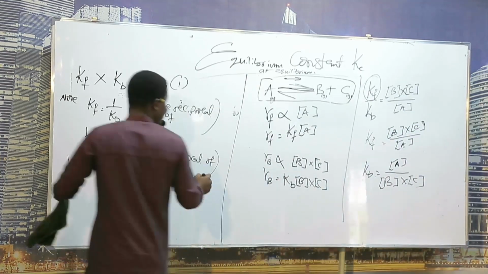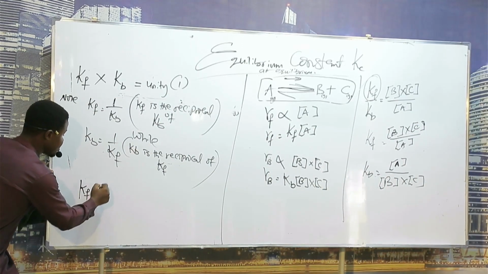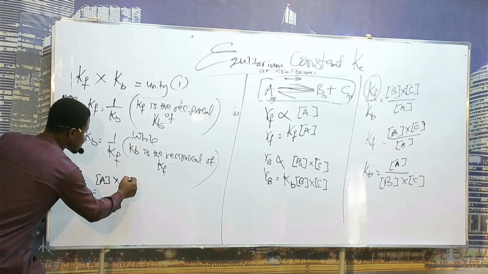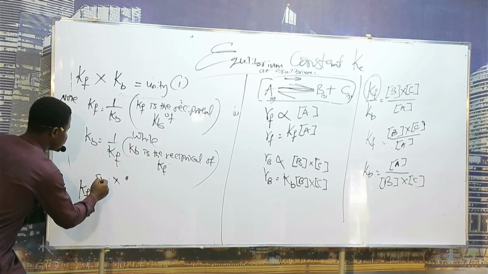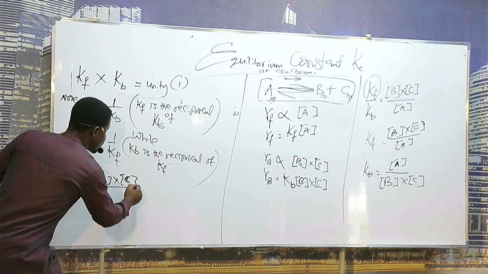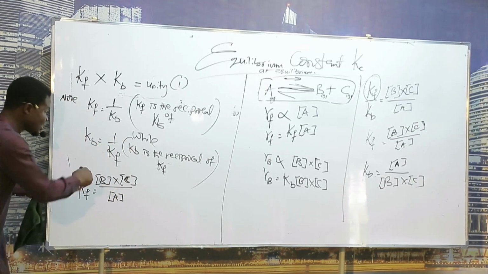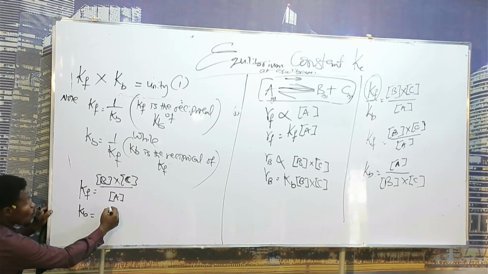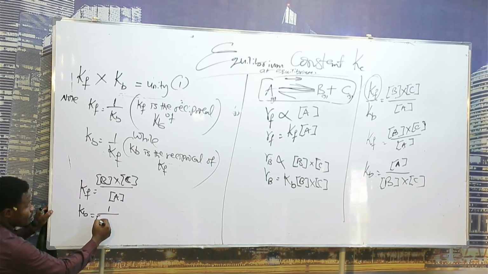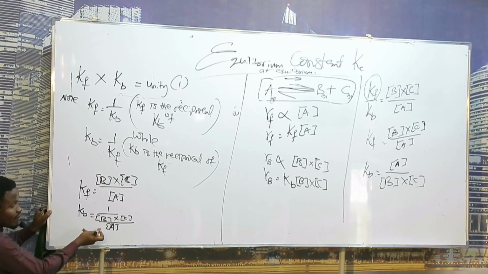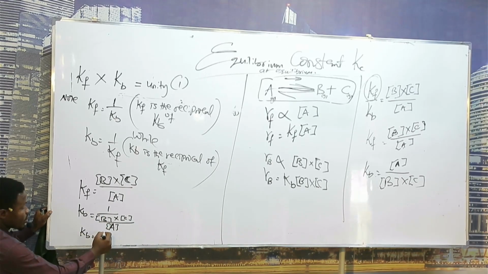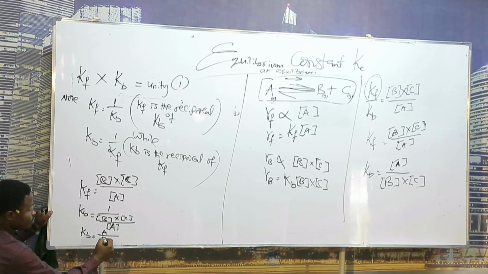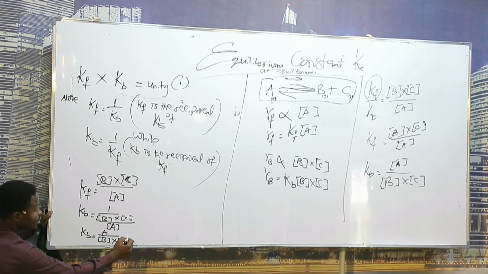This simply means that KF is B times C over A. So when I say that KB is reciprocal of this, it means 1 over B times C all over A. 1 over this, if you work it, it will become what? A over B times C.